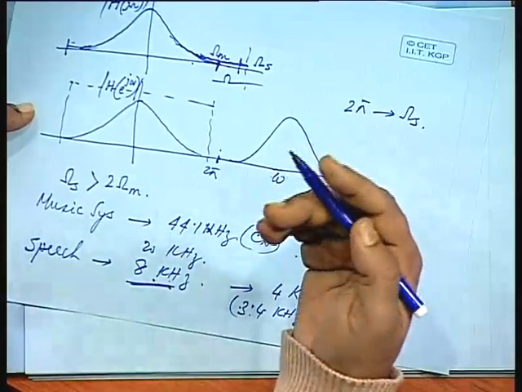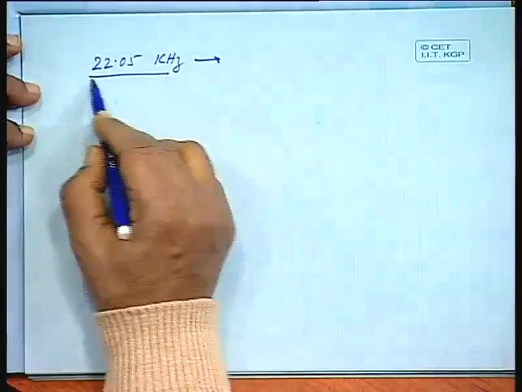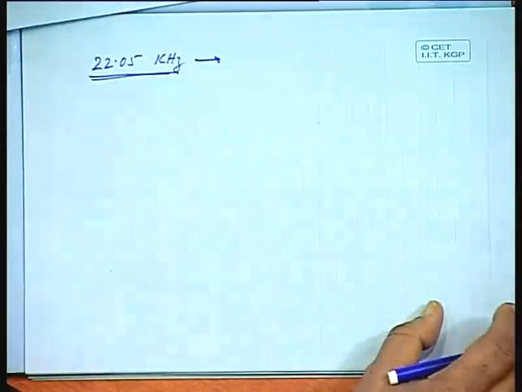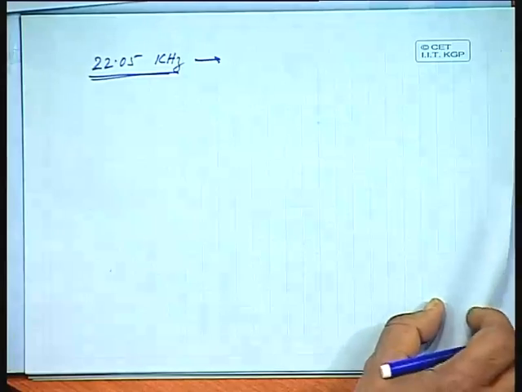So, if you want to identify a person's voice, that means there are certain high frequency components, if you miss out you will not be able to identify. That is why for speech recognition, speaker recognition, we go for a little higher frequency of sampling. Okay. So, this will be little less than 11 kilohertz.